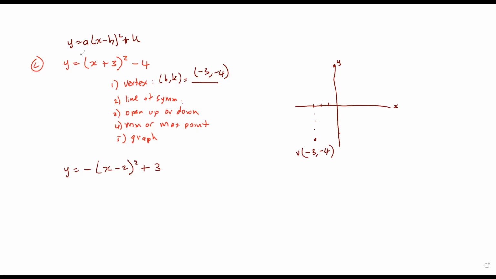And A is positive 1, so we'll open upwards, just like that. And then we've got the line of symmetry, which we can put in a different color. It goes through your vertex always.